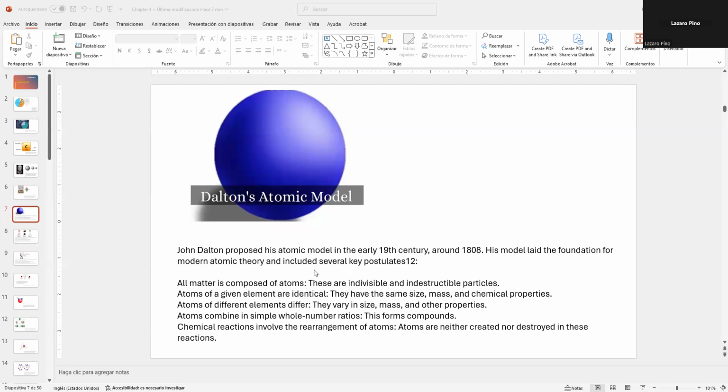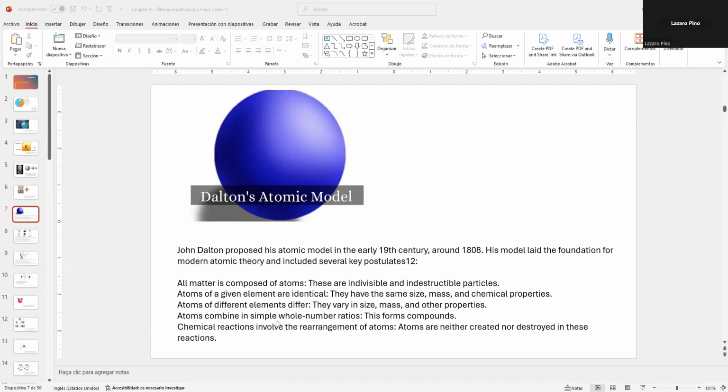He postulated that all matter is composed of atoms, they cannot be divided, the atoms of a given element are identical, atoms of different elements differ in size, mass, and other properties.